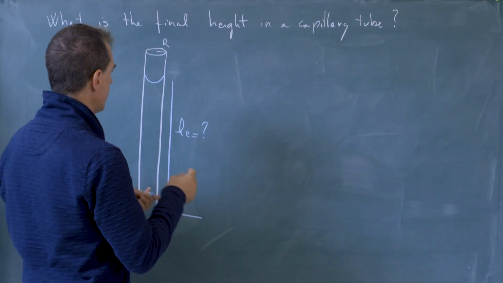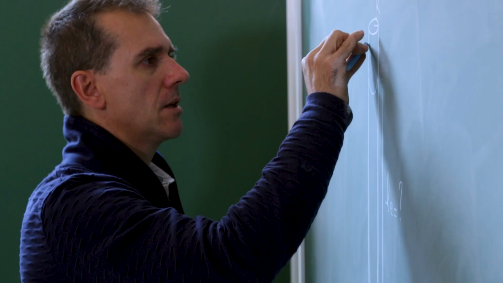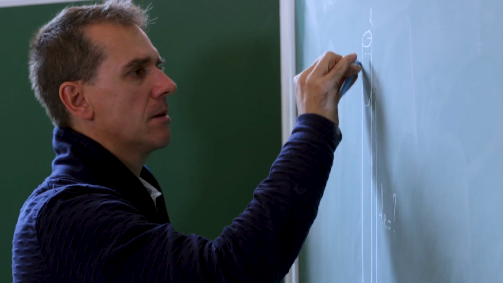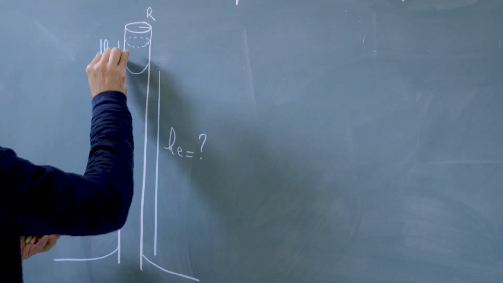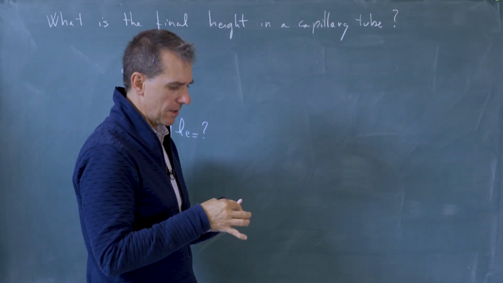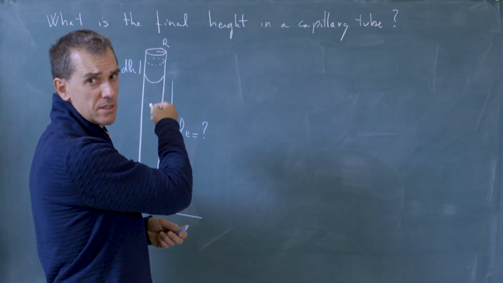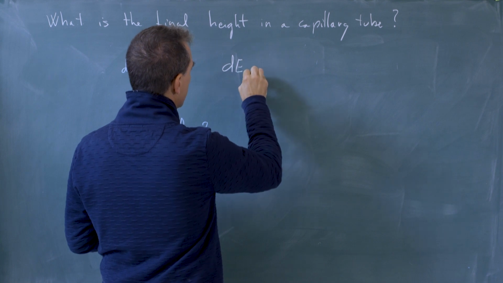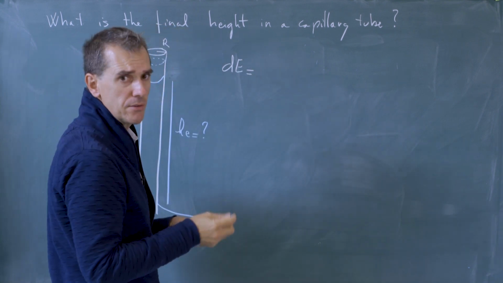To answer this question, we are going to imagine that we perturbed a little bit the position of the interface by an amount dH, and we are going to evaluate the variation of energy associated to this little displacement. I called dE the variation of energy, and dE will have two contributions.